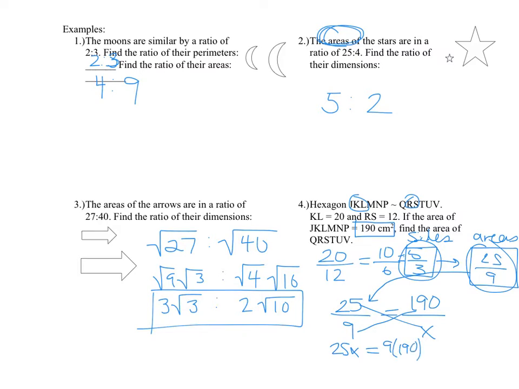That's 1,710. So I've got 25x equals 1,710. And then we divide by 25. And so x is 68.4. So that's the area of the other hexagon, and that would be in centimeters squared also.